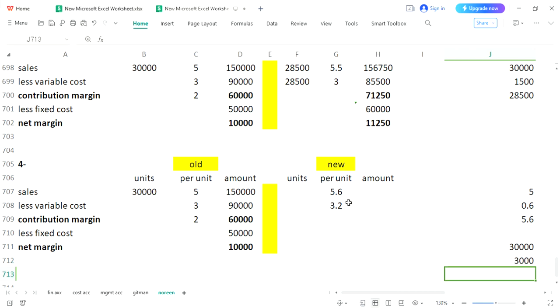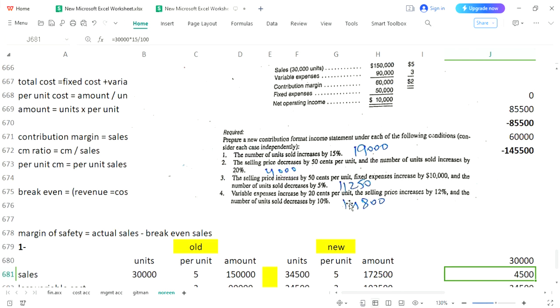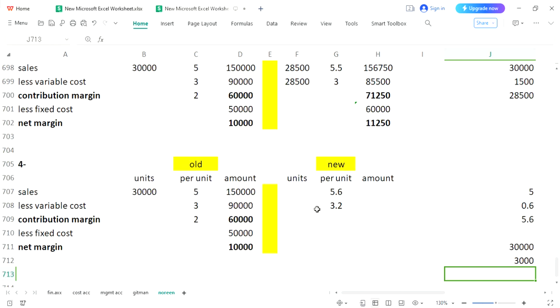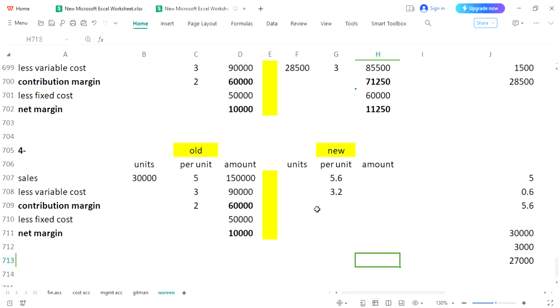So here you have your decrease. Number of units sold is decreasing. To decrease, what sign will you use? Old unit 30,000, to decrease you will put a minus sign. And how many units have been decreased? 3,000. So your new selling units have arrived: 27,000.